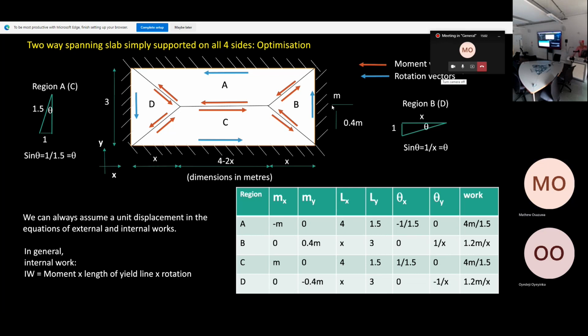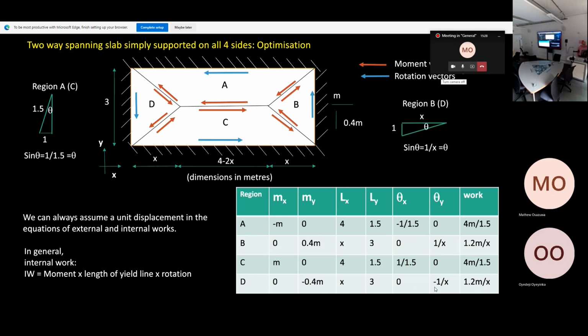So the rotation for this region is 1 over x, 1 over this length, which is x. And then when you multiply mx, lx, theta x plus my, ly, theta y, it gives you 1.2 m over x. And then you just copy this into D.